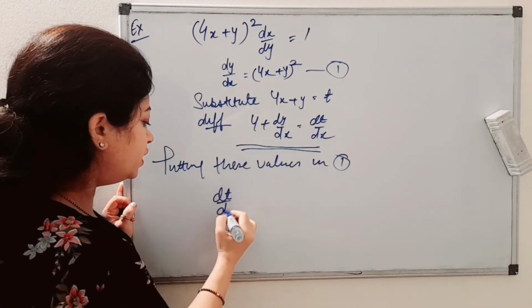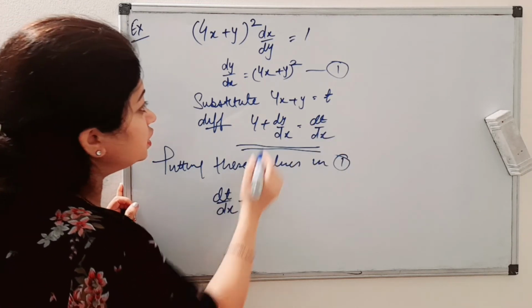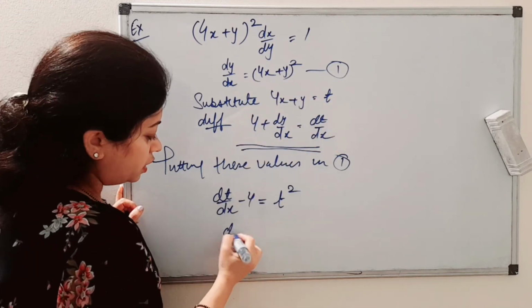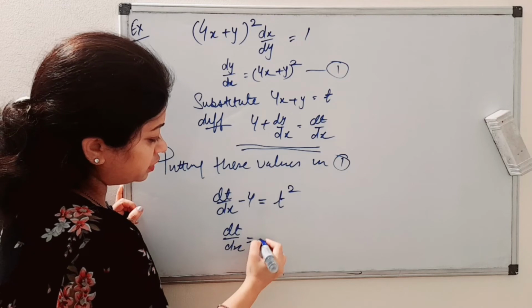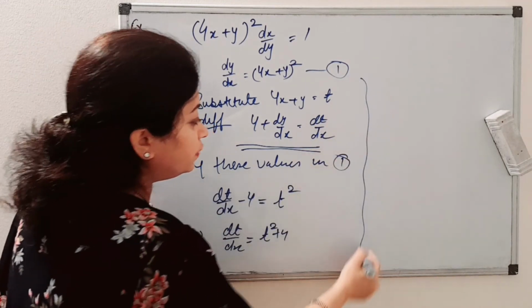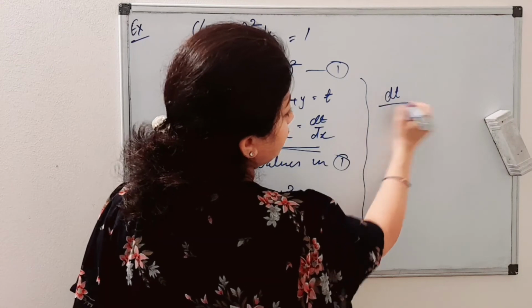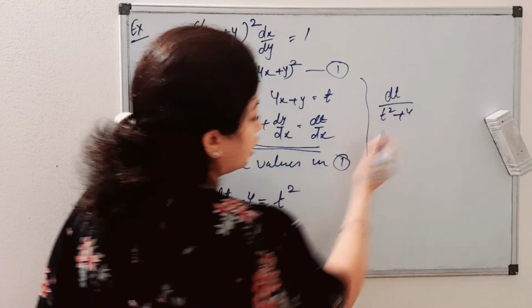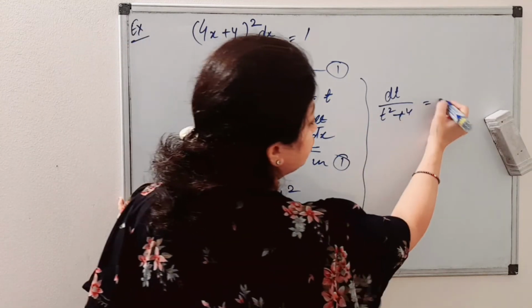So dt by dx minus 4 is equal to t square, since 4x plus y is t. That means dt by dx we can write as t square plus 4, and we can separate the variables: dt upon t square plus 4 is equal to dx.